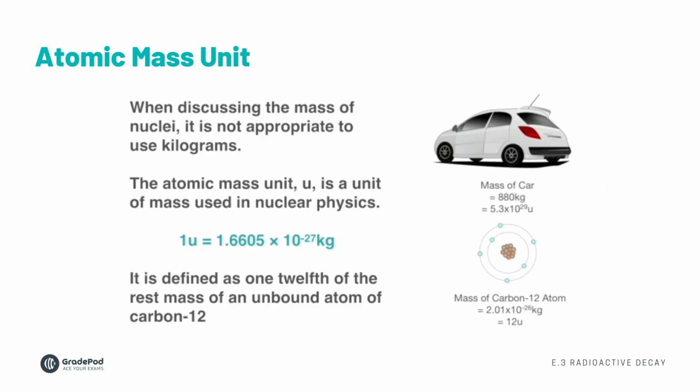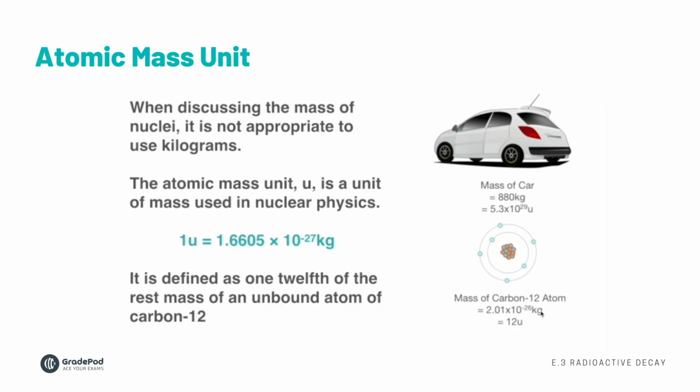When discussing the mass of a nucleus, it's not really appropriate to use kilograms anymore. Let's take the example of the car. For a car, we'd say it's 880 kilograms. For an atom, we'd say it's 2.01 times 10 to the minus 26 kilograms.